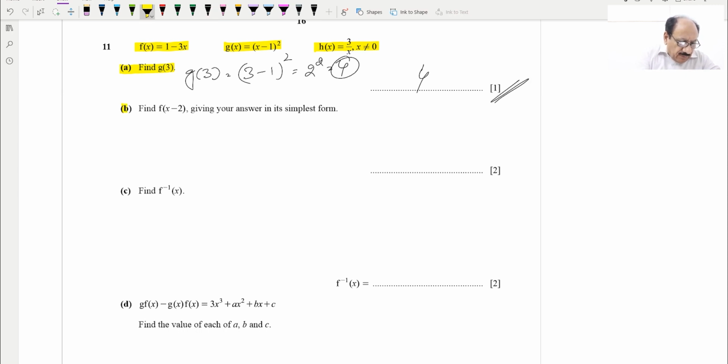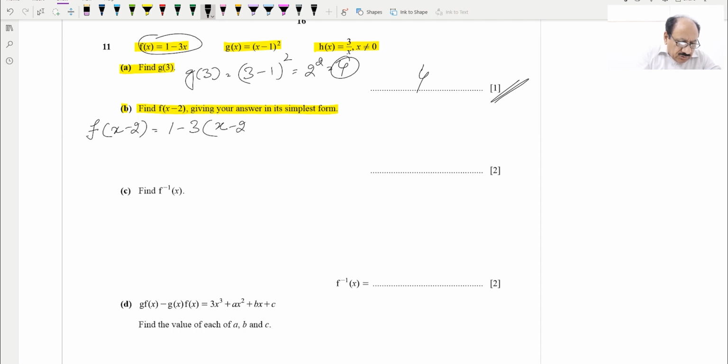Then part b: find f of x minus 2, giving your answer in simplest form. We know f of x is given as 1 minus 3x, so f of x minus 2 will be 1 minus 3 times (x minus 2), replacing x by x minus 2.